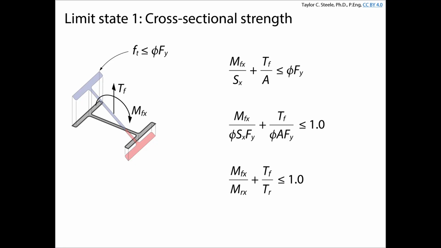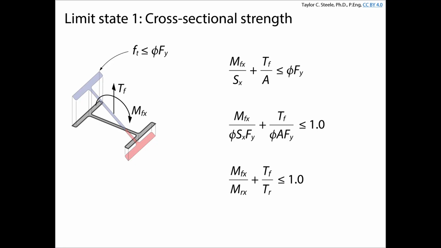Okay, so if we've got just tension and strong axis bending, in order to prevent the tensile stress from exceeding the factored yield strength, we take MF over MRX plus TF over TR. As long as that's less than or equal to 1, we're preventing yielding from developing on that flange. Okay? Are there any questions about those concepts before we continue?